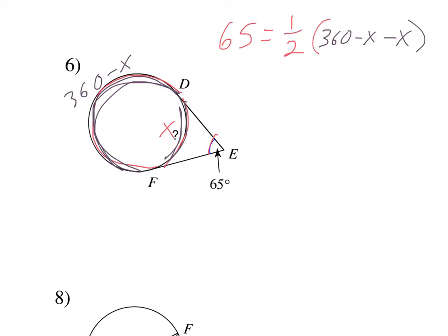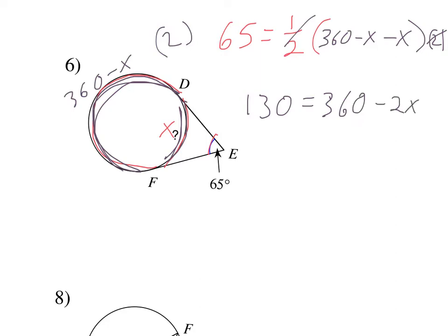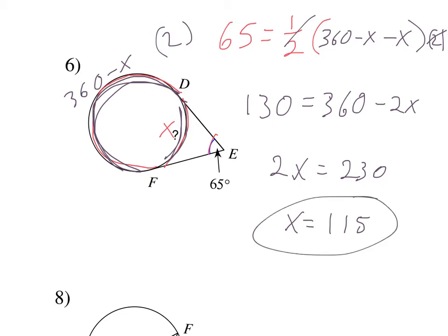Multiply both sides by 2. Gets rid of our fraction. We end up with 130 equals 360, combine the terms, minus 2x. 2x equals 230. When we solve for x, x equals 115. That's the measure of arc DF, which is our unknown.